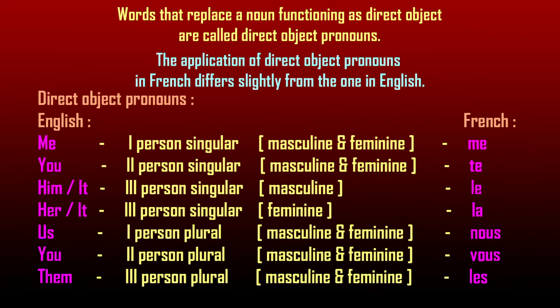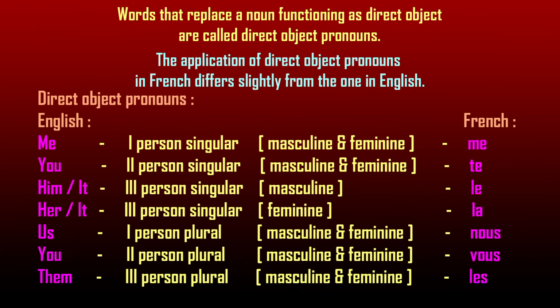Then third person singular feminine, her or it, in French is la. First person plural, us, in French is nous. You, second person plural, is vous. Them, third person plural, is les.